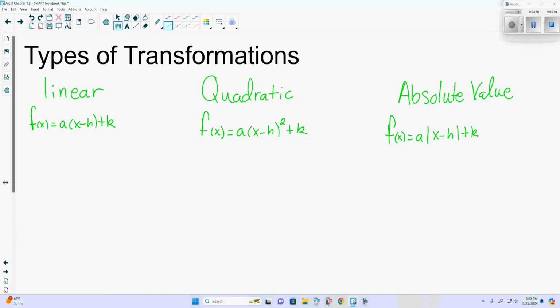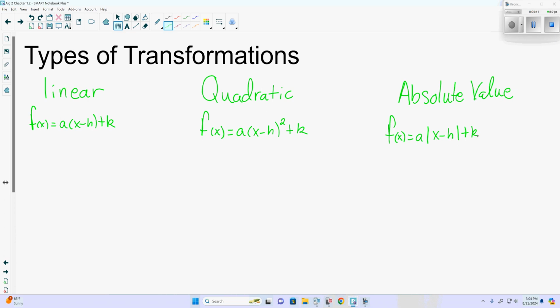Now the a, h, and k are going to have the same type of transformation, the same type of movement in all three. So the value of h is going to have the same movement. K, for all three, is going to have the same type of movement. A is going to apply the same transformation for all three.